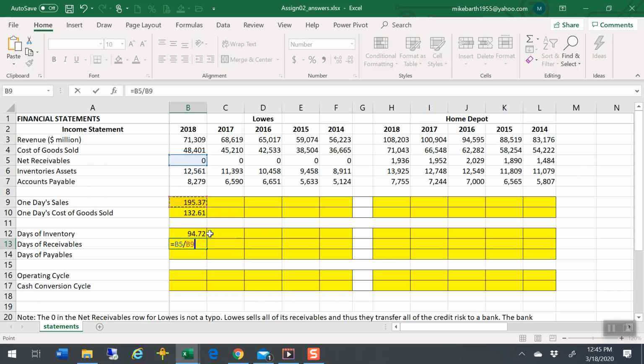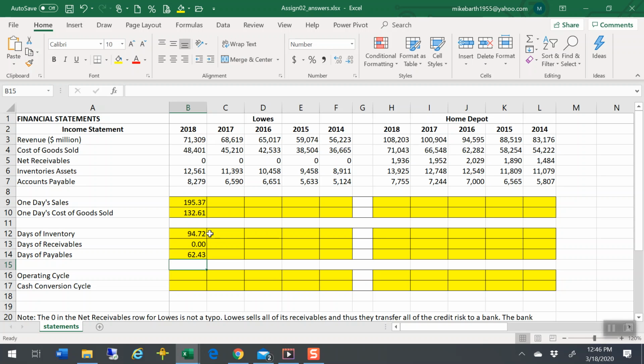That's because when you sell something and get a receivable, the price you sell it at includes not only the cost of goods sold, but also your markup and the extra you charge to pay for other expenses. So for days of receivables, we divide by 1 day's sales. And for days of payables, since the accounts payable is what the inventory purchases flow through, we divide by 1 day's cost of goods sold.